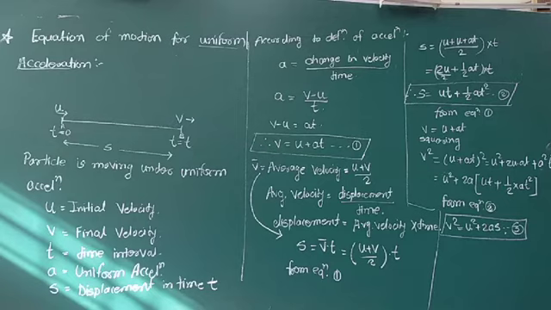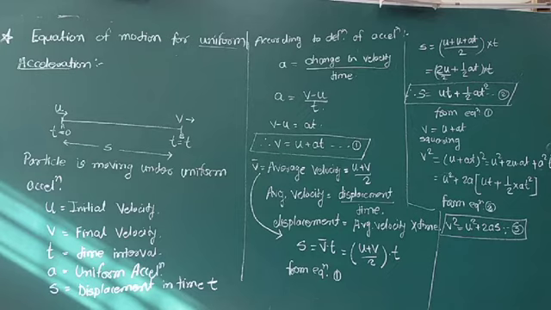Change in velocity means final minus initial, so acceleration is equal to (v minus u) upon t. Solving this, we get v is equal to u plus at. This is the first kinematic equation.